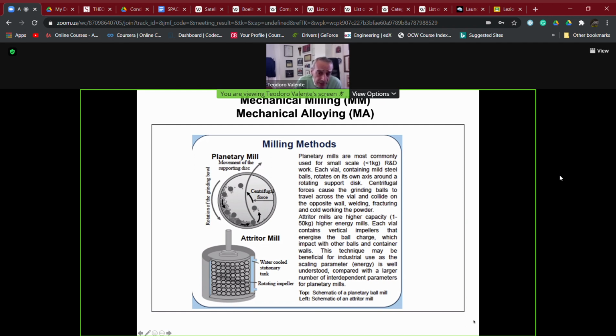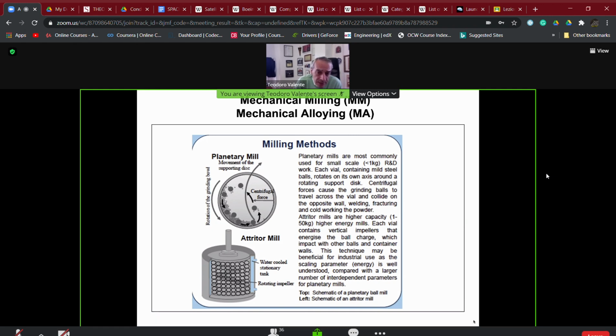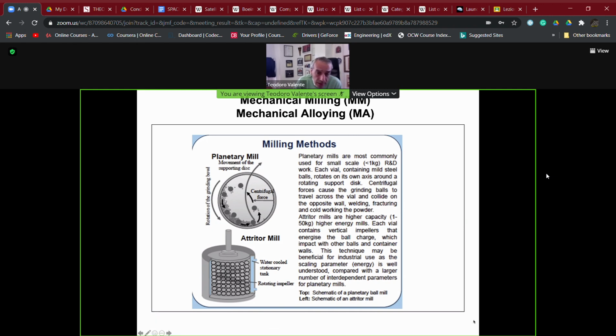In this case, each vial contains vertical impellers that energize the balls inside the vial, which impact other balls and the powders, giving rise to milling and also to alloying.